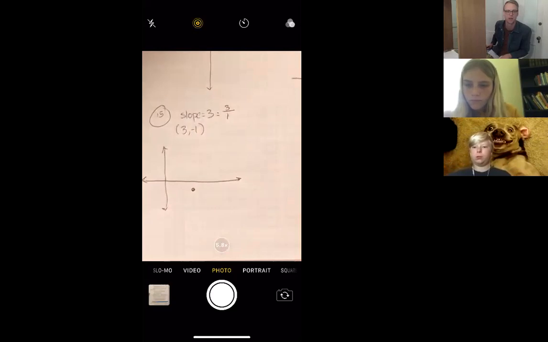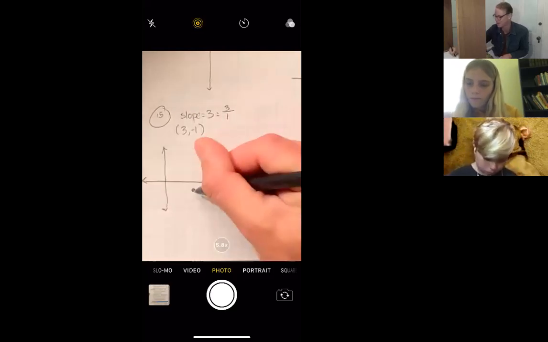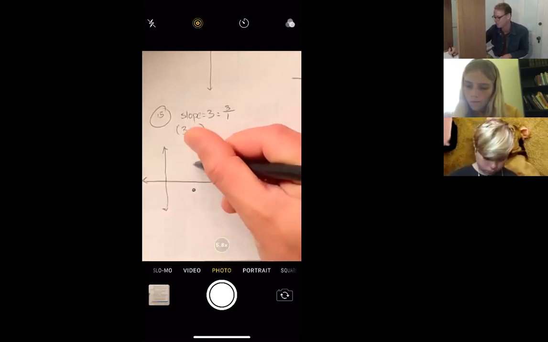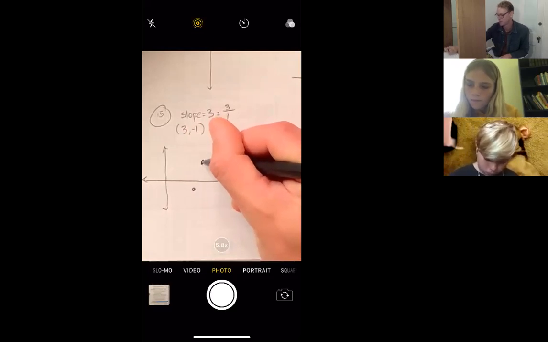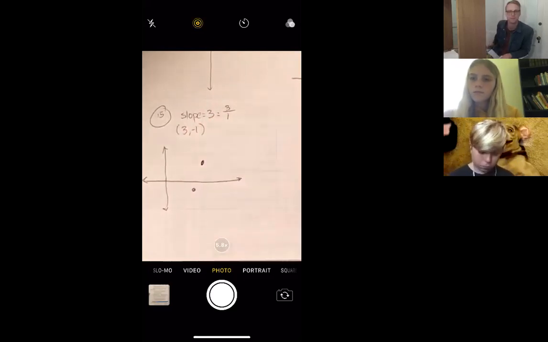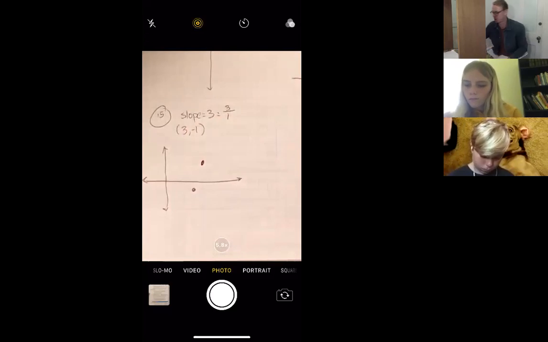Rise 3, run 1. What do I do? So up 3 and then to the right 1. Yeah, good. Where do I start? From the dot. Yeah, from the dot. Good. Up 3. 1, 2, 3. Over 1. That's it. You got it. Connect your 2 points and you have your line.